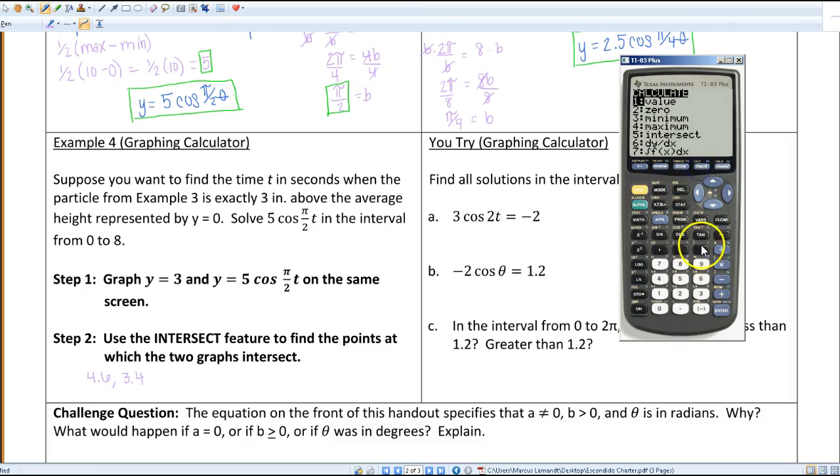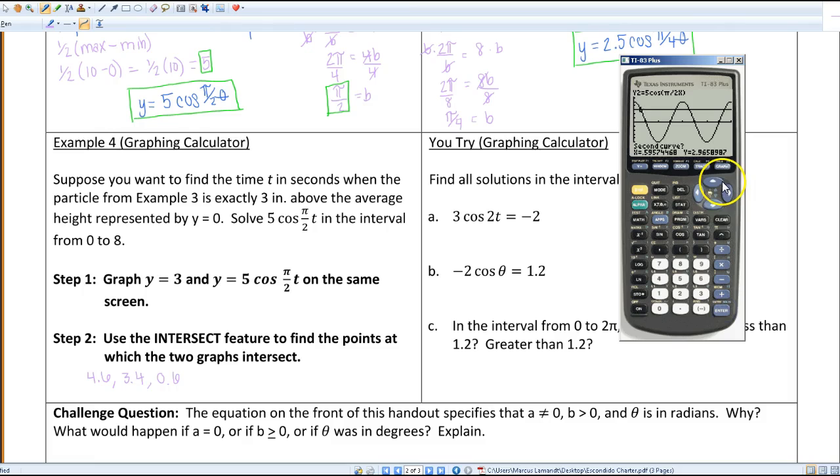Second calc, intersect, first curve, enter, second curve. Let's move over to this one over here. There we go. Enter. Guess. Looks like 0.6. There we go. Okay, clear. And let's try to find the last one. Second, calc, intersect.